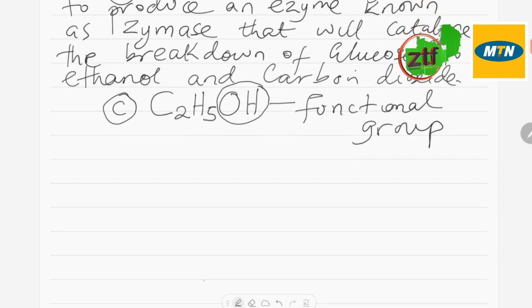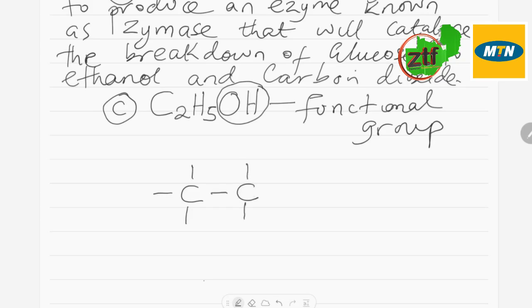To draw the structural formula, we start with the number of carbon atoms. In this case, we've got 2 carbon atoms. For each carbon, there should be a maximum of 4 bonds. This other carbon also has 1 bond, it only needs 3.